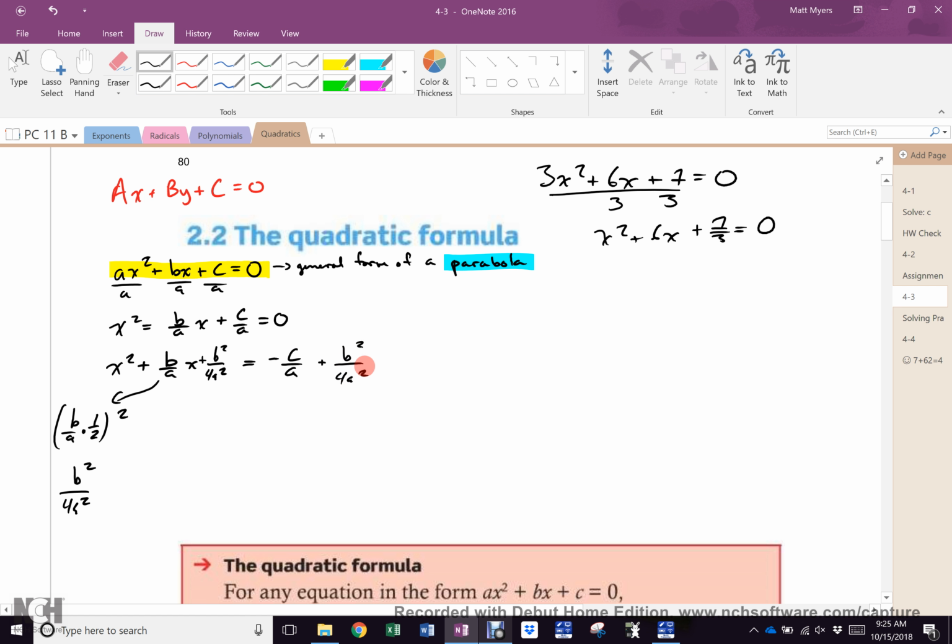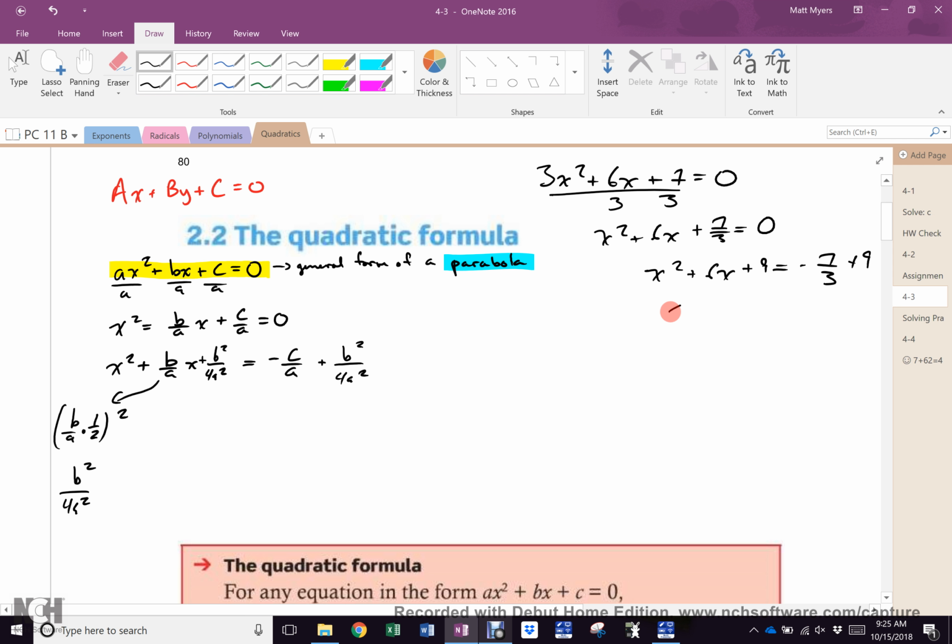Is everybody good? What is our next step here? So up here, I've got x squared plus 6x equals negative 7/3. Half it, square it, plus 9. Plus 9. Now what would I do here? Again, you've just done it 10 times. You'd factor it.